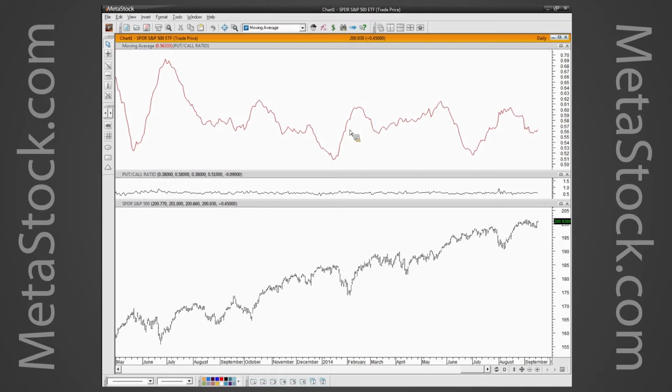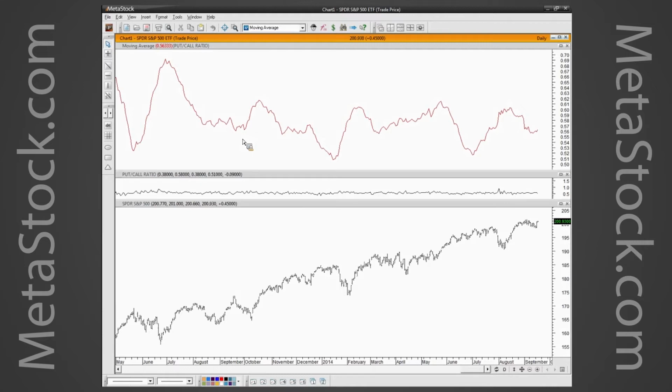So when the number of puts are rising, that tends to indicate the market going down. And when the number of puts have fallen to a low level, that's generally coinciding with the market rising or topping. So what I want to do is build a trading system based on those parameters.